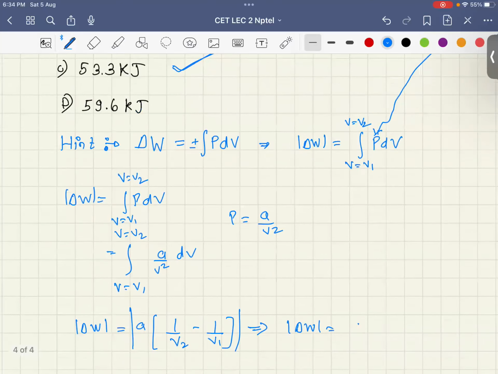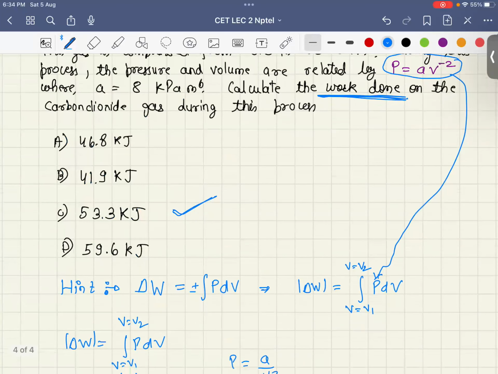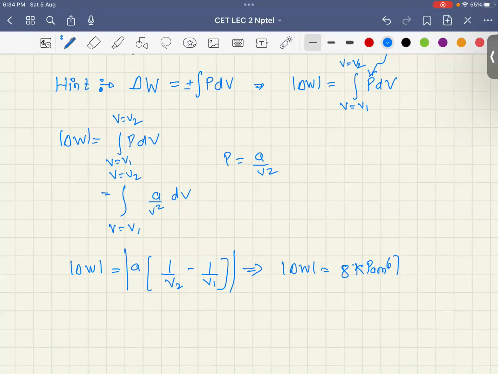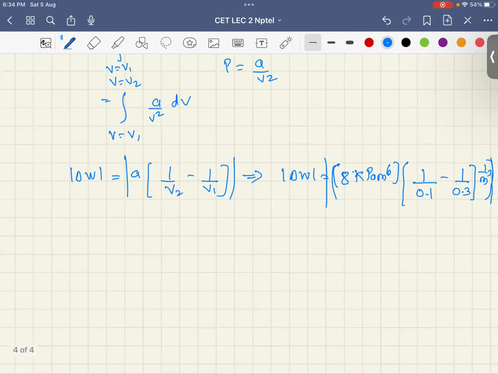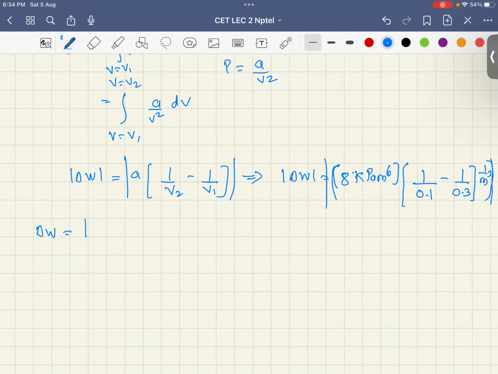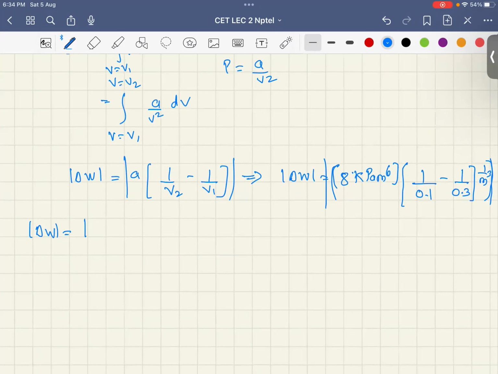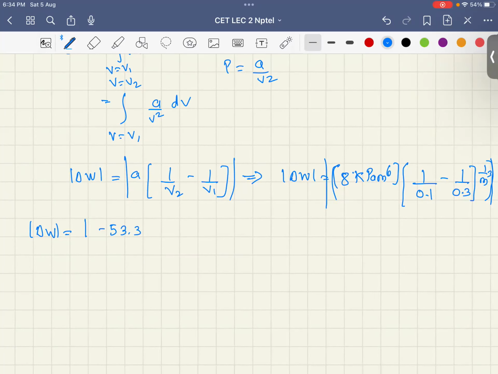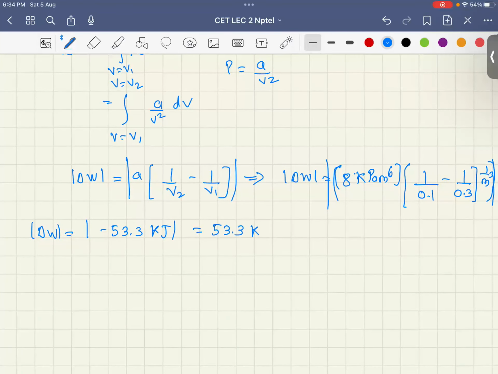So what is A? A has been given as 8 kilopascal meter to the power 6, into 1 by 0.1 minus 1 by 0.3, 1 by meter cube, and this whole under mod, right? That's why delta W is minus 53.3 kilojoule, which corresponds to a work done of 53.3 kilojoule.